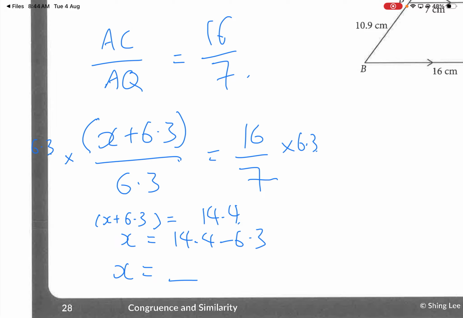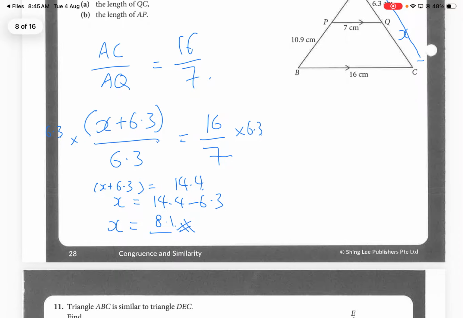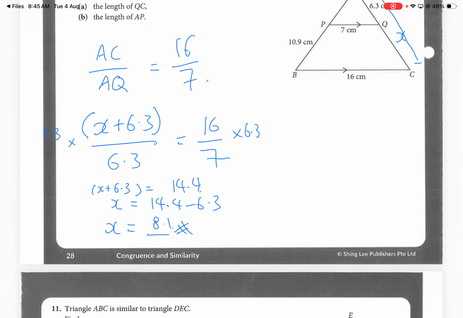Then, answer 8.1. Huh? 8.1. Don't trust me, press calculator. I may be wrong one. I always wrong one.